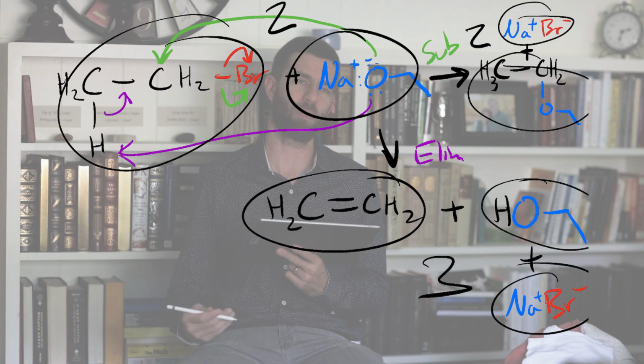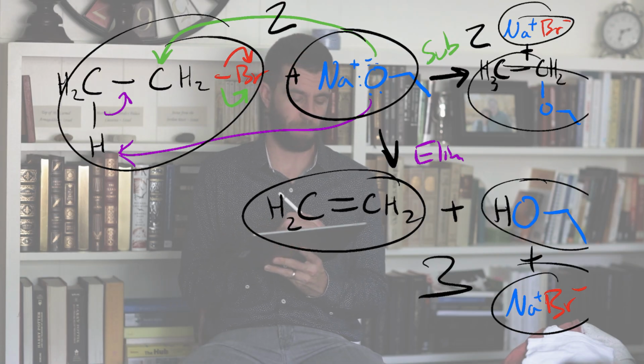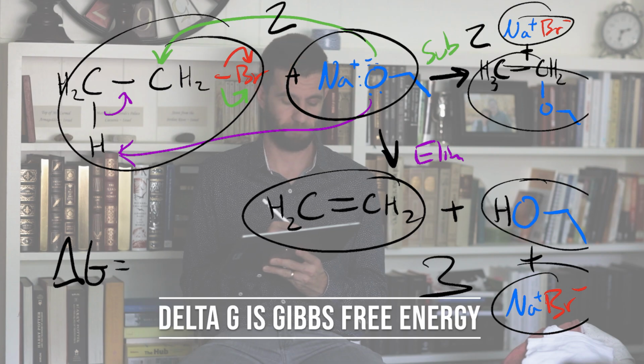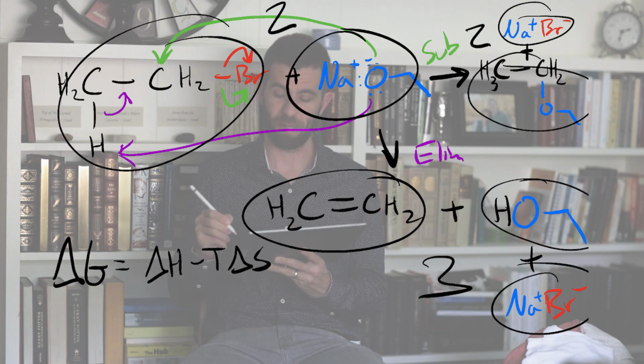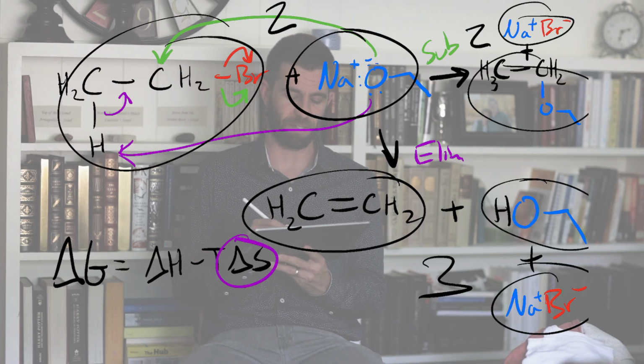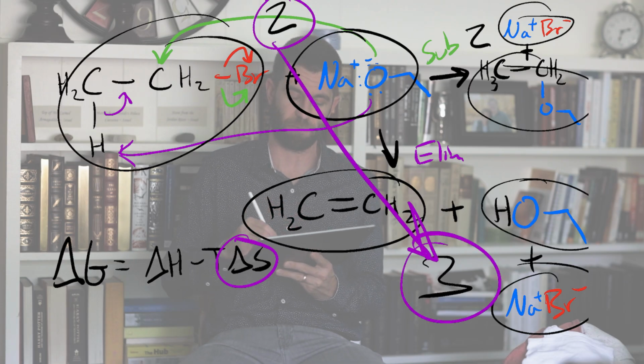Now, why is this important? Well, this is really important because we remember delta G equals delta H minus T delta S. And if you recall, delta S is entropy. What happens if we go from 2 things to 3 things? What's that going to do for us?